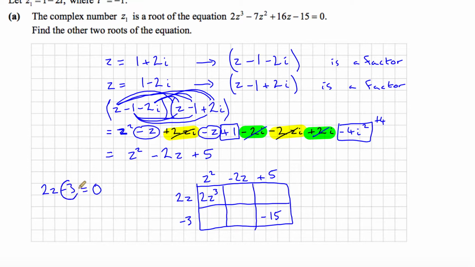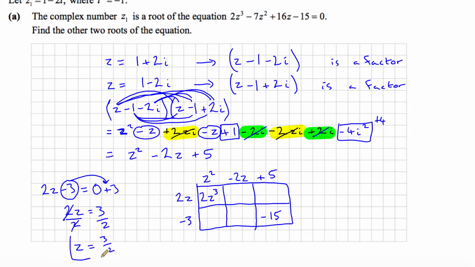So I'm going to bring the minus 3 over the other side, becomes positive. So 2z equals 3. Divide both sides by 2. z equals 3 over 2.